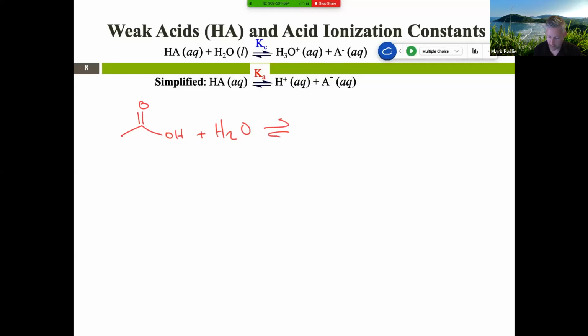And then the hydrogen ion that was transferred, the H plus ion, is the one in purple. And we ended up generating acetate, the negative charge, and hydronium ions.